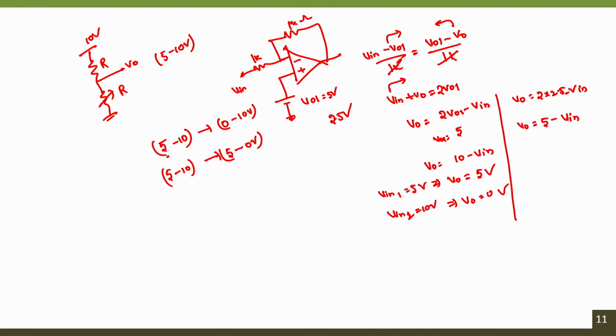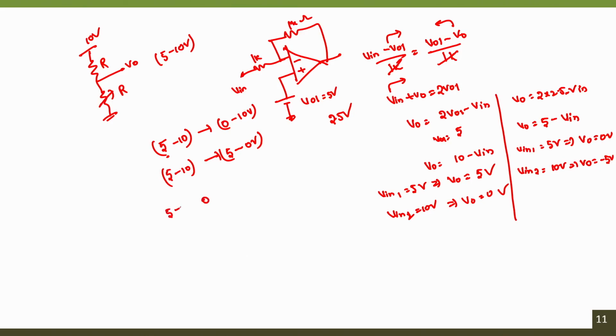5 minus V in. So, case 1 again, when V in is equal to 5 volts, that implies V naught we get as 0, whereas when V in is equal to 10 volts, V naught we get as 5 minus 10, minus 5. So, this gives us a negative 0 to minus 5 volts.